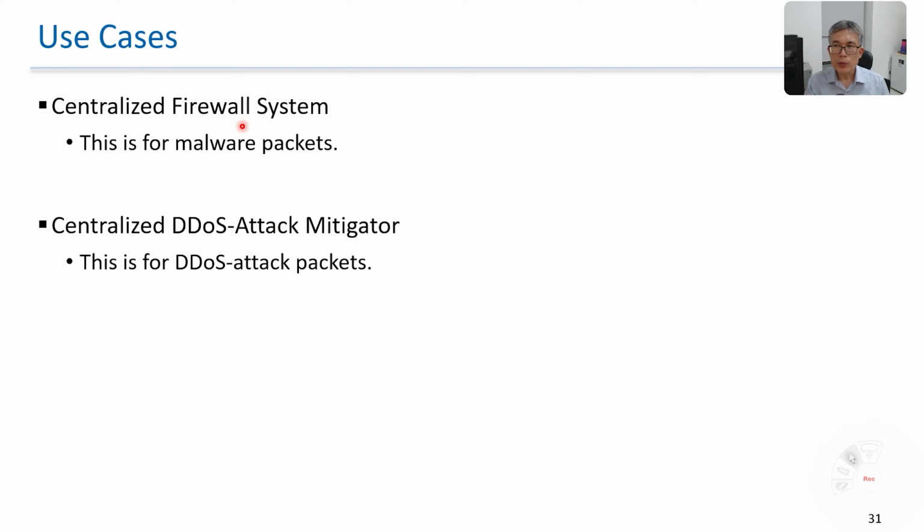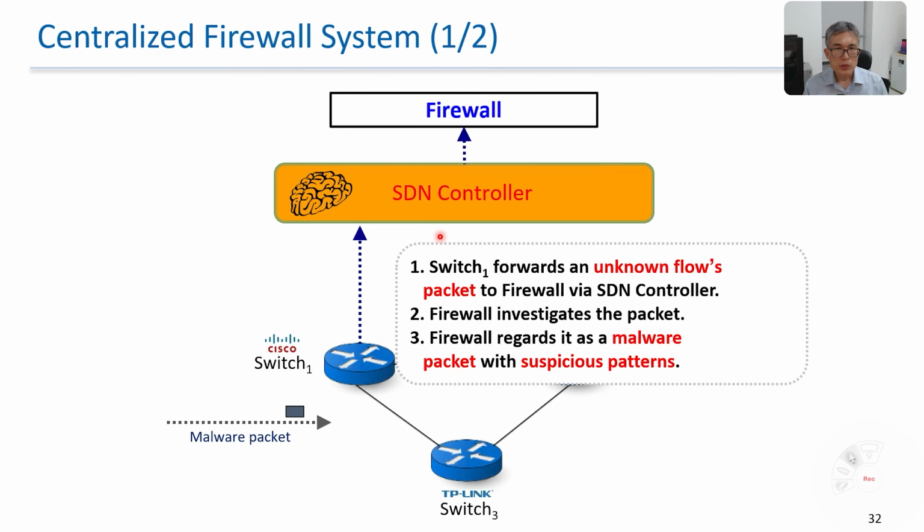So we have two kinds of use cases to find out the effectiveness of SDN. The first one is a centralized firewall system. The second one is a centralized DDoS attack mitigator. So for the first use case, let's take a look at this example.